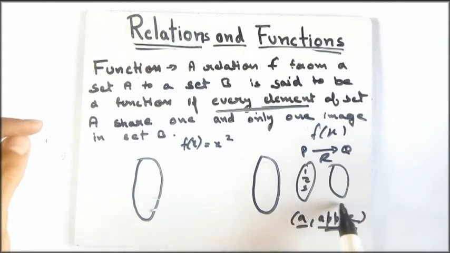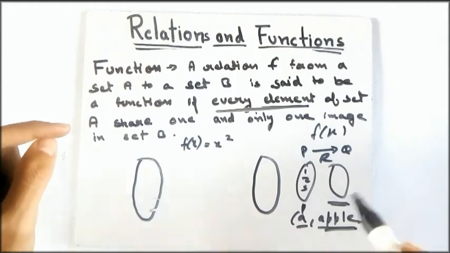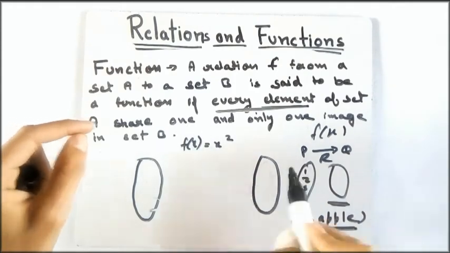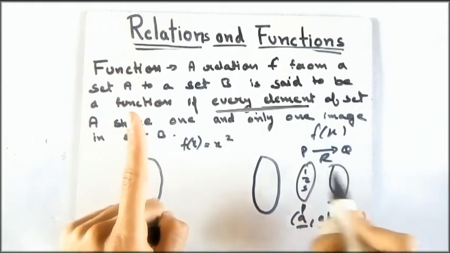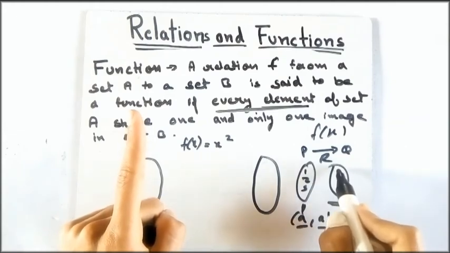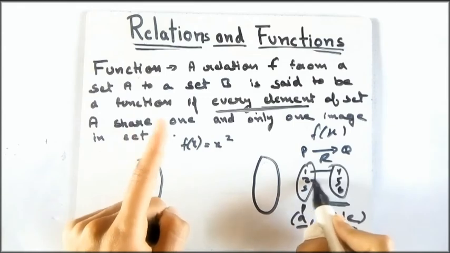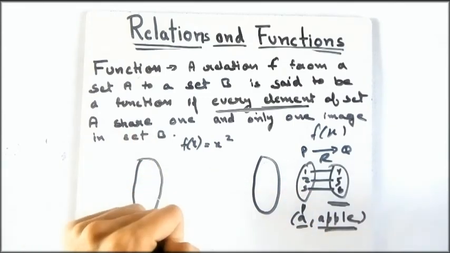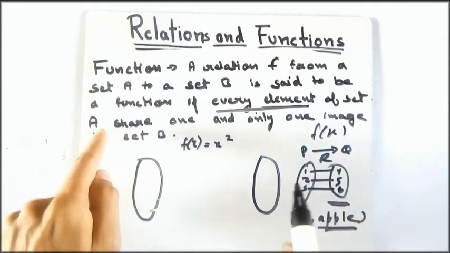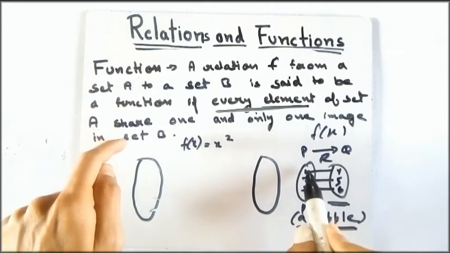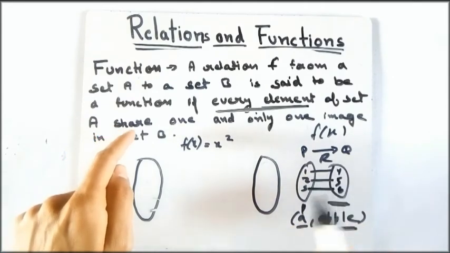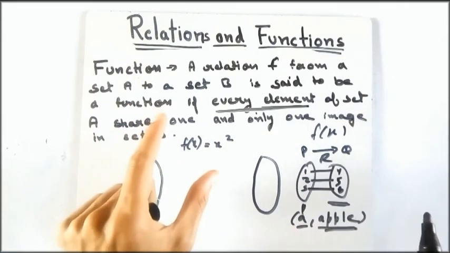The second element is always known as the image of the first element. For example, 1 has 4, 2 has 5 and 3 has 6. So an element of A should have one image in set B and only one image.